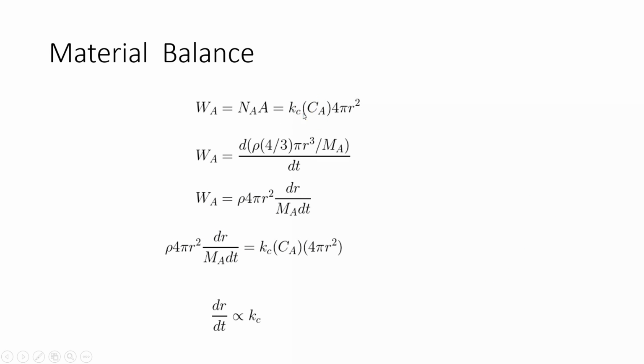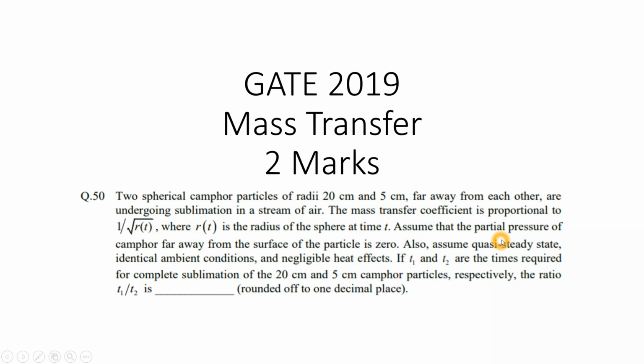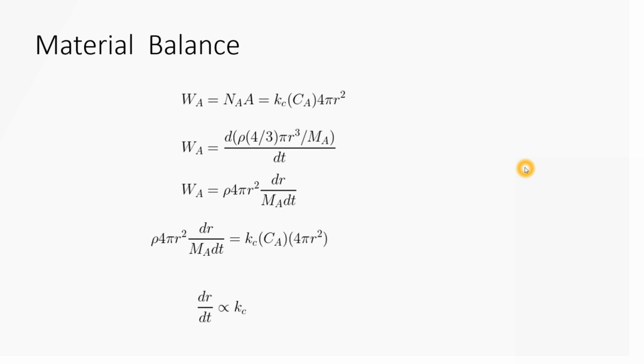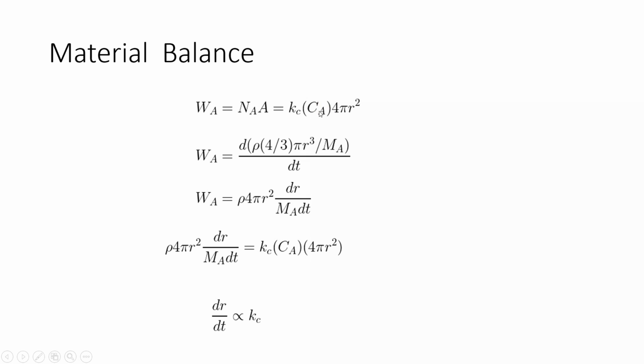N_A can be written as k_c into the difference in concentration, C_A minus C_A dash, but it is given that the partial pressure of the camphor far away from the surface of the particle is 0. So I am writing only the surface concentration: k_c into C_s into 4 pi r square. What is 4 pi r square? It is the surface area of the camphor particle, which is spherical, right?